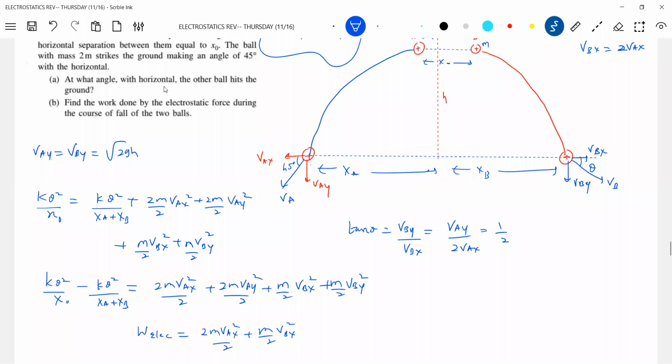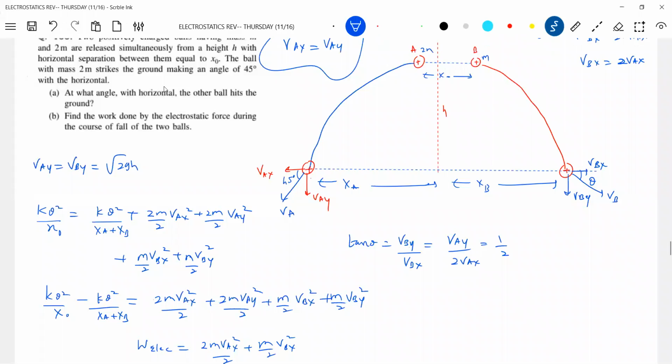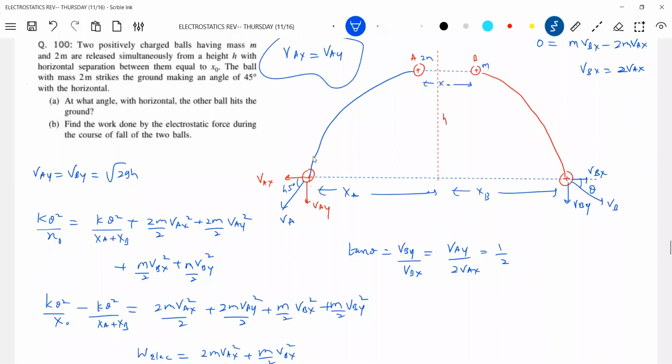So do we know VX and VBX? That has to be determined. We have some relationship between VX and VBX. Let me verify it. Yeah.